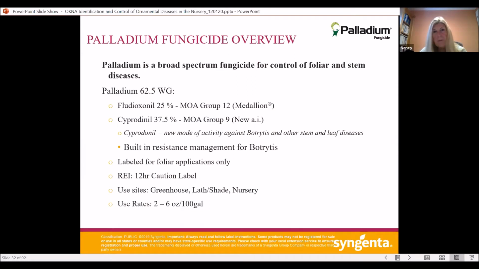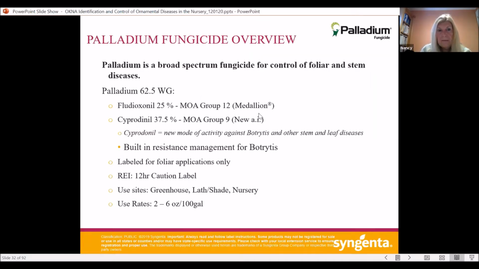So just a little bit about Palladium, if this is a new product that you're hearing about for the first time. It does contain 2 active ingredients. It contains fludioxonil, which is in Medallion, as well as another fungicide, cyprodinil, which is really a new AI for the ornamental market. There's no other product that has cyprodinil in it for ornamentals.